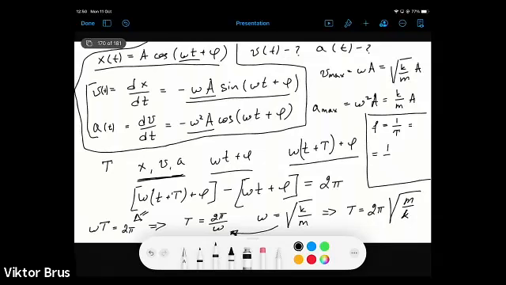And that will be equal to 1 over 2 pi times square root of k divided by m. So these are the main characteristics and equations which describe simple harmonic motion, which we derived during this discussion.